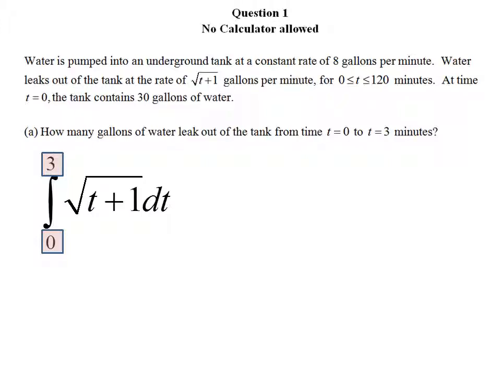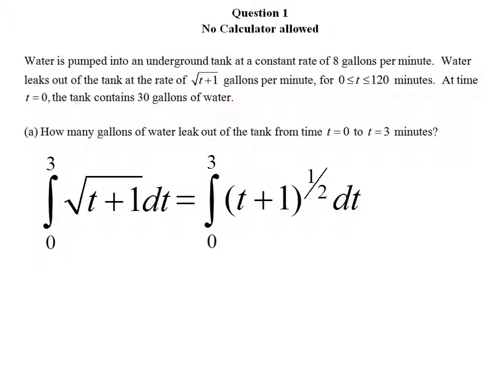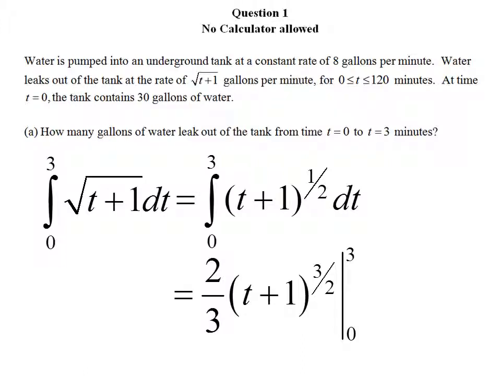Now it's time to try to evaluate this to figure out how many gallons of water leak out. So for this, what we're going to do is consider that integrand as an exponential equation. Now we're going to integrate an exponential function. What we'd like to do in these cases is increase that exponent by 1, then divide by the new exponent.